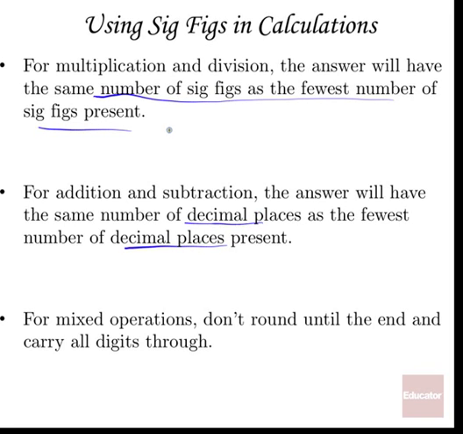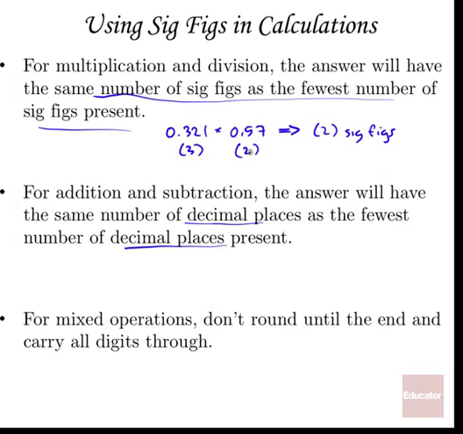So for example, 0.321 times 0.57, we are going to get an answer that is only 2 sig figs. Why? Because in 0.321 you have 3 sig figs, and in 0.57 you have 2 sig figs.